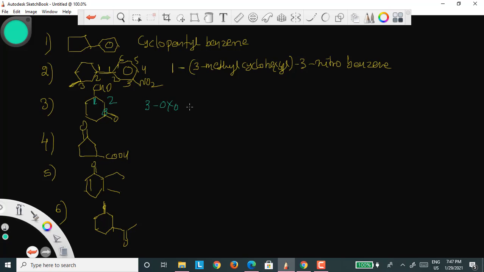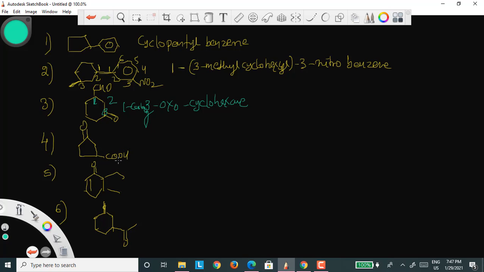So this is cyclohexane, and one carbonyl, one carbaldehyde, 3-oxocyclohexane.